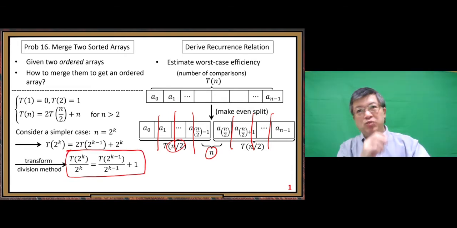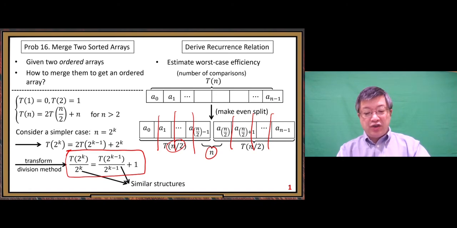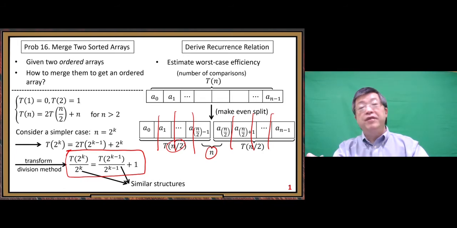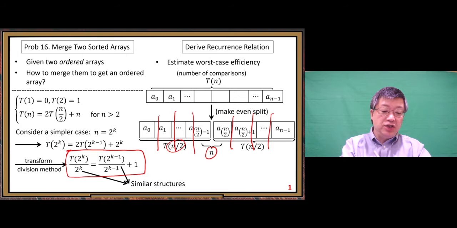In this new expression, you can see something very interesting. The two fractions have similar structures, right? Before we do this division, it's hard to see similar structures.